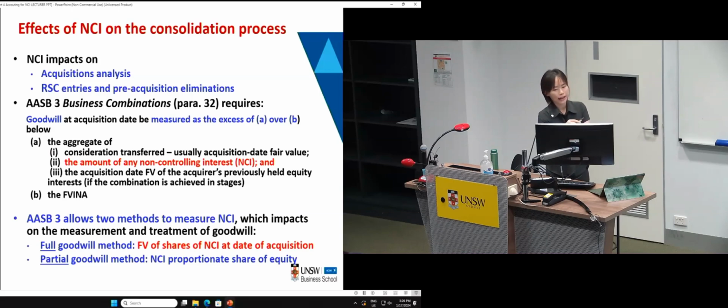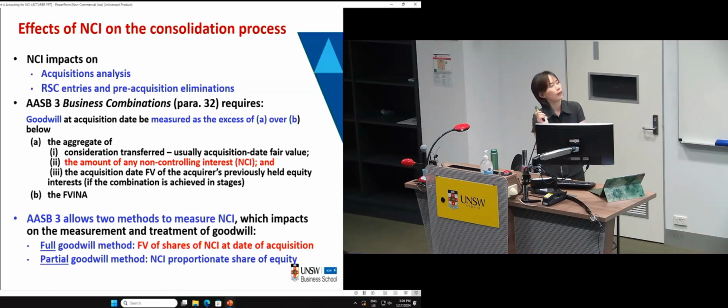Now, according to AASB 3, goodwill should be determined on acquisition day by comparing A and B, right? Now, it's not always goodwill, just be careful. It is possible we may result in a recognition of a gain on bargain purchase, but it is an unusual event.